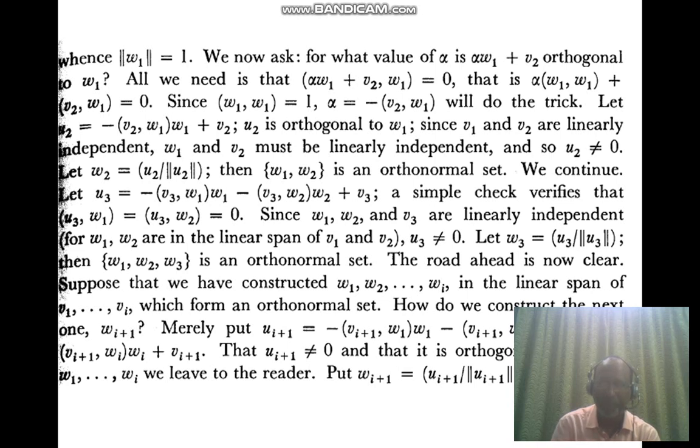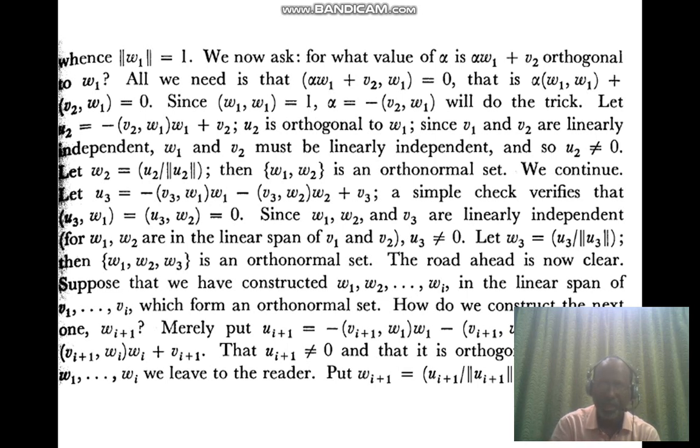wn with the property that, for example, you take any intermediate element before vn, the (i+1)th element v(i+1). From that you construct a new u(i+1). You see this u(i+1) is orthogonal to w1, w2, etc., till wi. So this construction helps us find the next w value: from u(i+1) we identify that it is orthogonal to all the previous vectors.